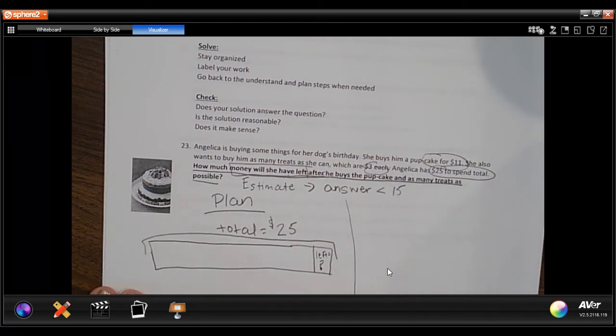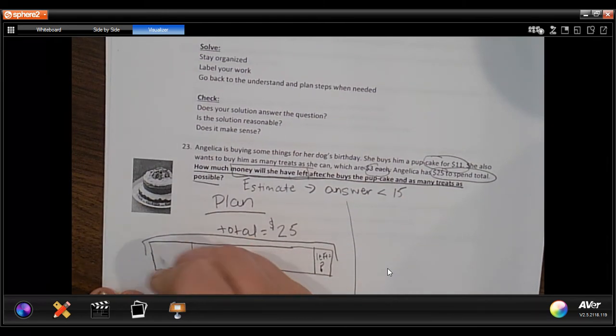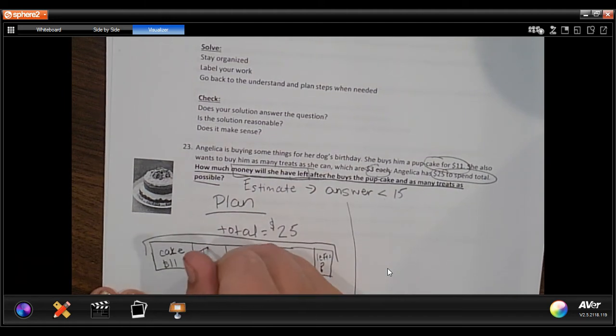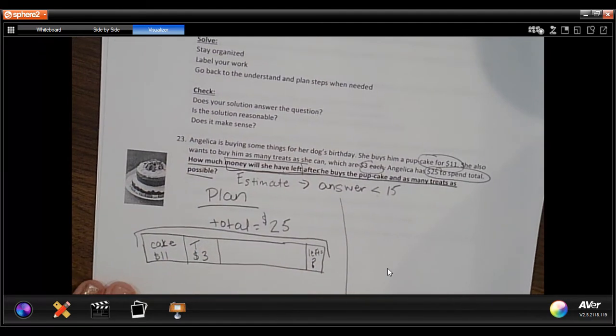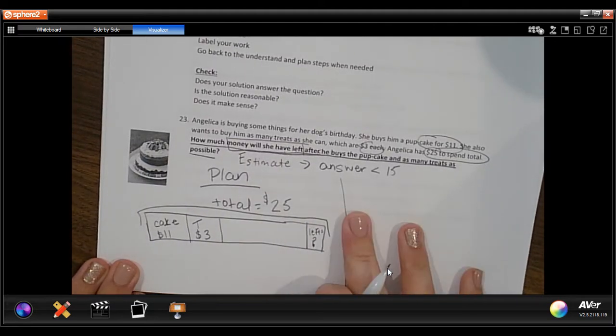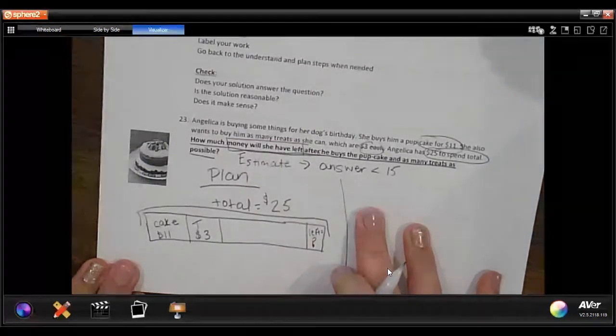Next, I'm going to start drawing. So she bought a cupcake for $11. So I'm going to label this part cake, and I'm going to label $11. Next, I'm going to put in one treat. So I'm going to put T for treat, and that was $3. And I'm actually going to start solving the problem with this picture, but I'm also going to show you another way that you could solve the problem over here.